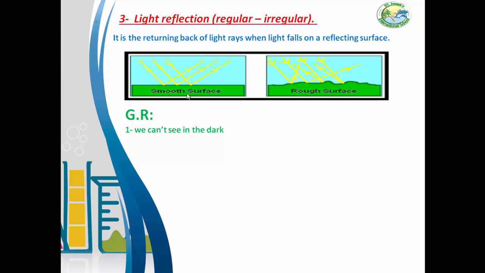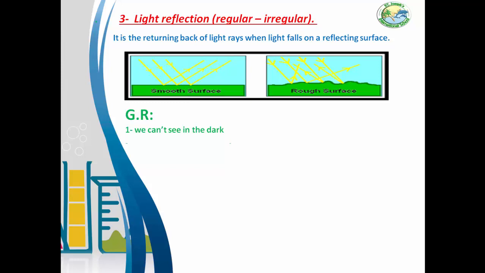We can't see in the dark because there is no light falling on objects and reflecting to our eyes. So we can't see in the dark because there is no light.